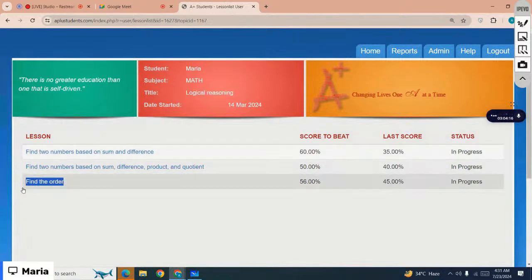Anything else you need to know? Okay, let's just start with the lesson. Find the order.